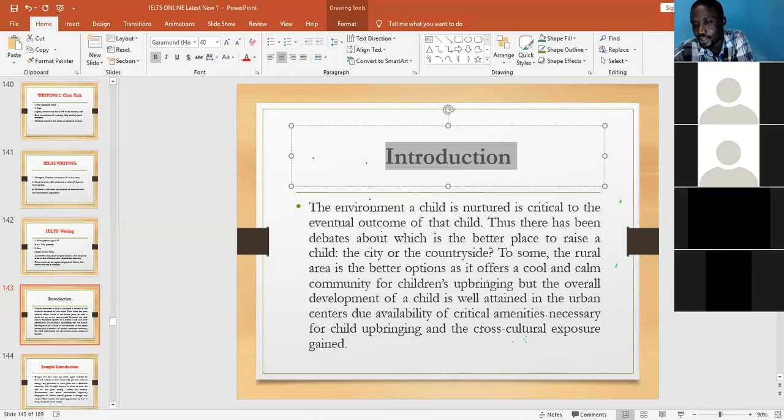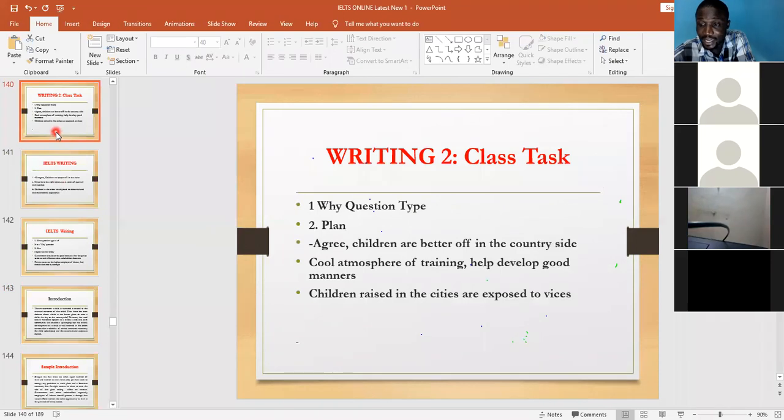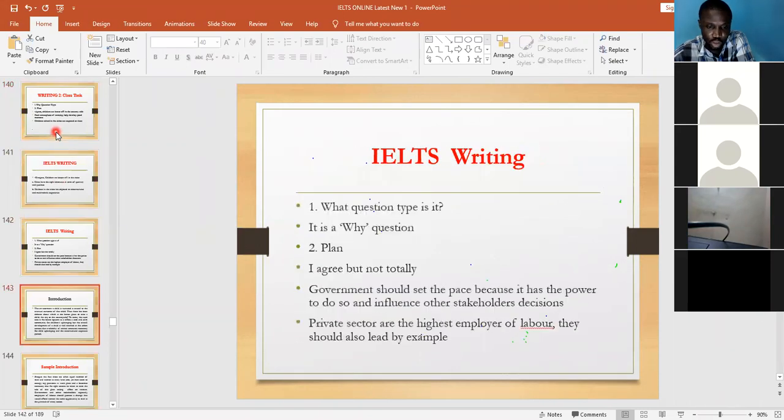So let me transit now into the major body, how to write the body of an essay. The first stage is identify the question type, the second stage is planning, the third stage is writing, and writing stage 3A is the writing of the introduction.